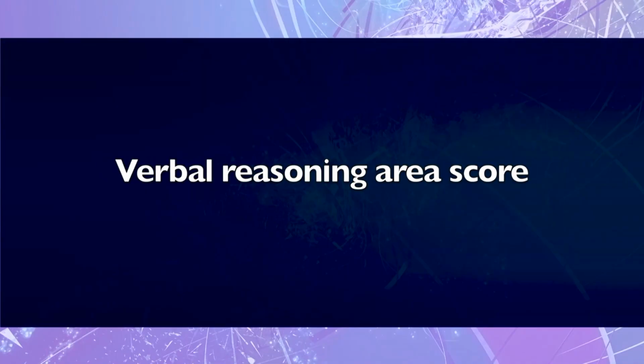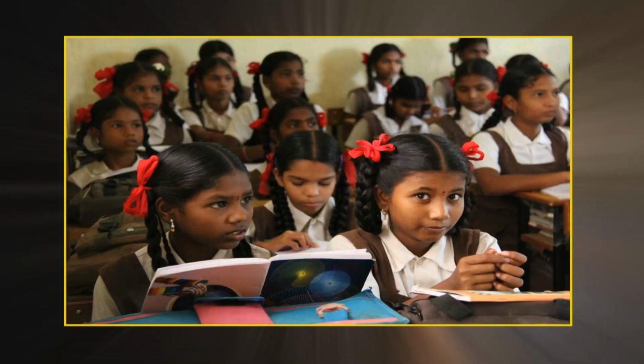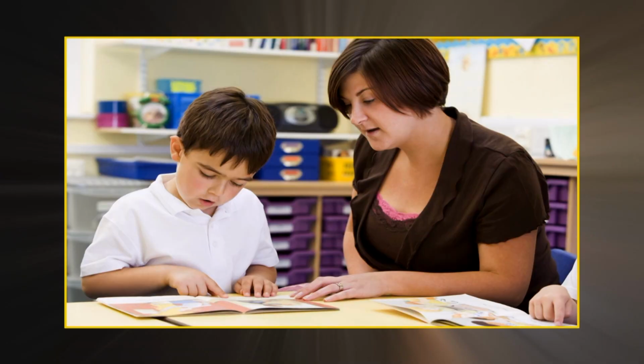Number 1, the verbal reasoning area score measures verbal knowledge and understanding obtained from the school and home learning environment and reflects the ability to apply verbal skills to new situations.